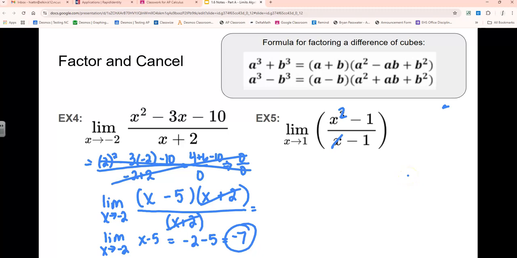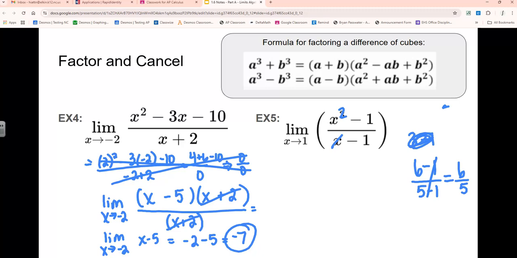Okay, using your logic, let me use a bigger number to make sure I don't get one that accidentally is correct. 6 minus 1 over 5 minus 1, using your logic, equals 6/5.